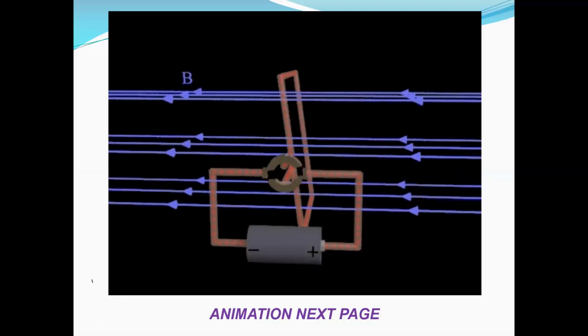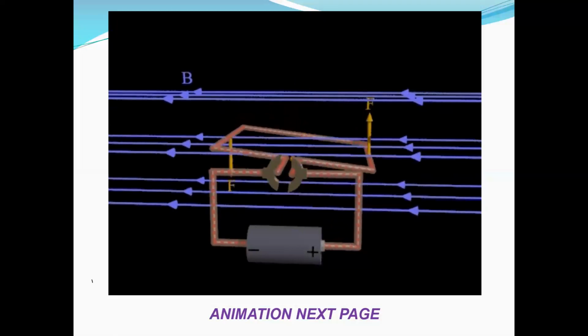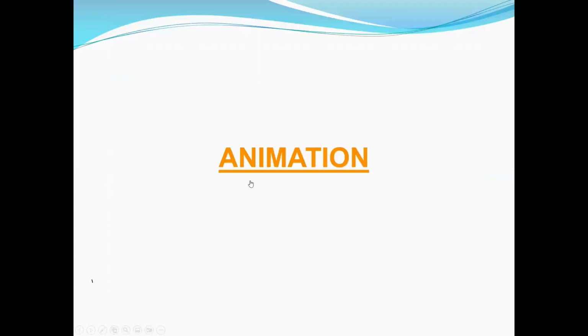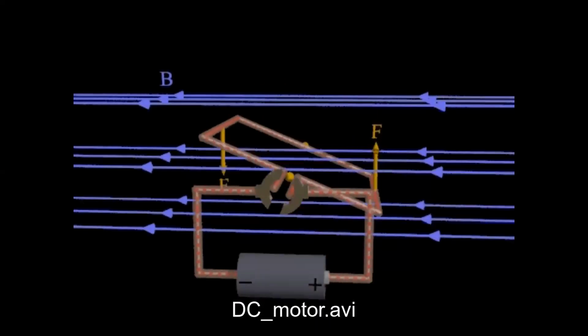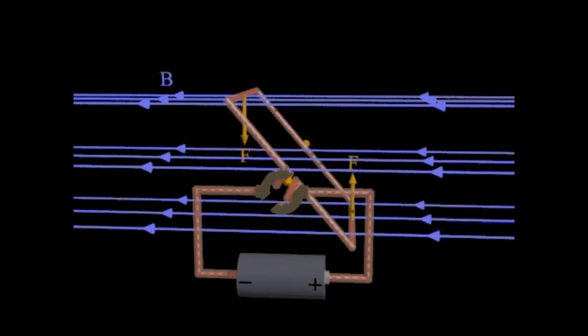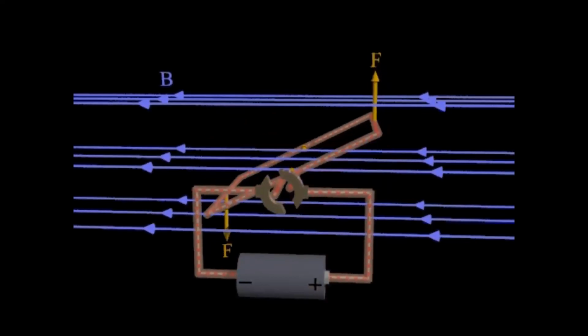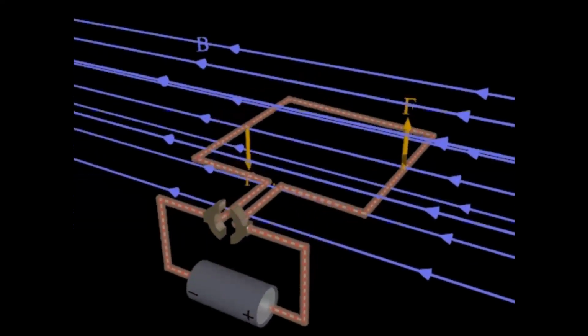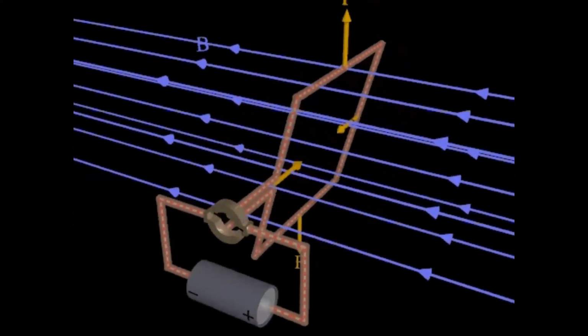But when the split ring gets a gap with the circuit, please give me your full attention so I can explain this difficult concept again. Can you see what happened when the split ring comes to the gap? Look, when the gap comes, the current stops.